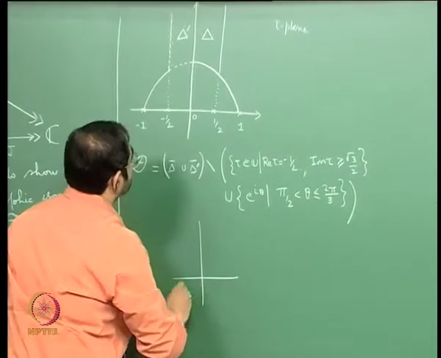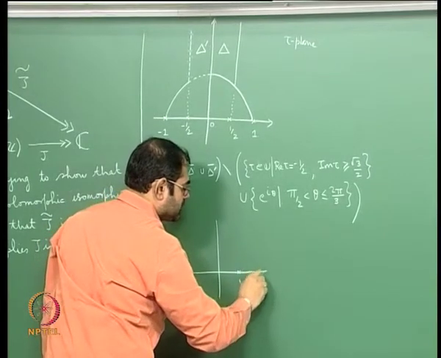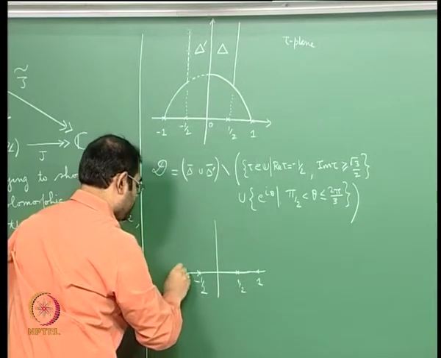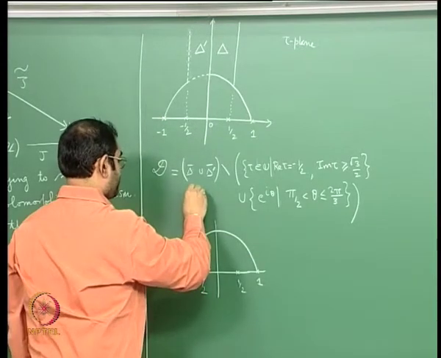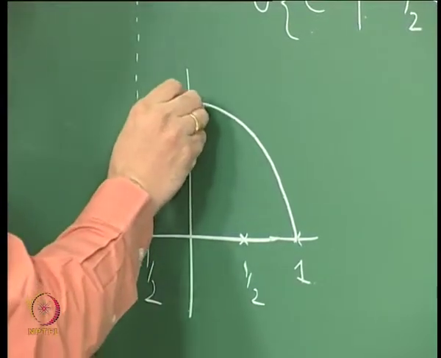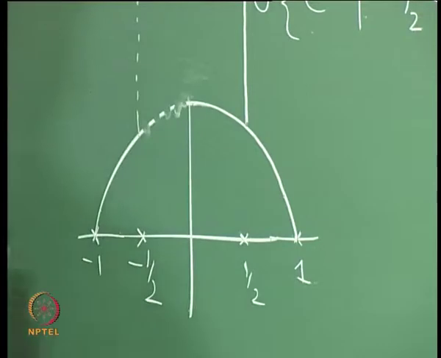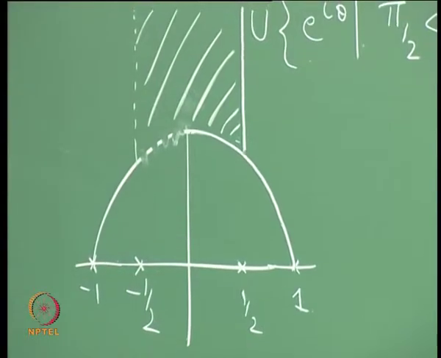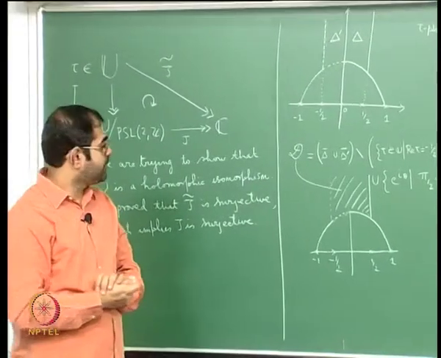So this is half, this is 1, this is minus half, and this is minus 1, and the region I am worried about is, suppose this is dotted, then I start from here, then I go here, this is not there, okay, and this is my D. This is what D is. This is the region D, okay.